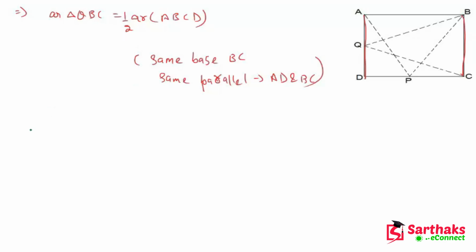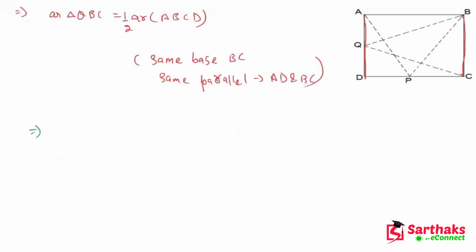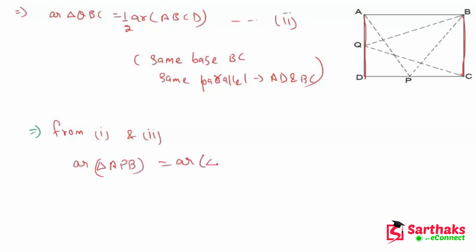Now let's suppose this is equation number 1 and this is equation number 2. So from 1 and 2 we can say that area of triangle APB is equal to area of triangle QBC.